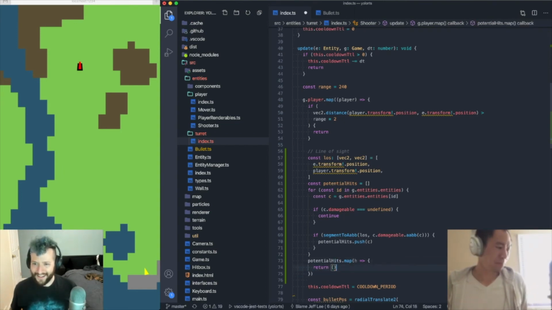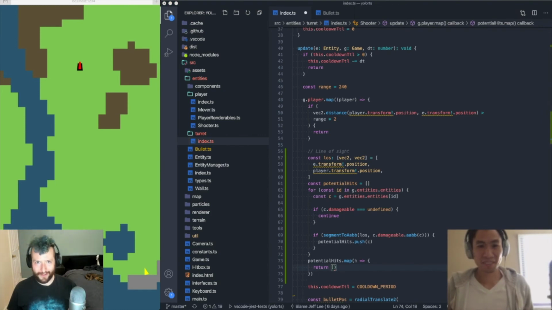Yeah. I want to JS array sort. That's possible, right? Yes, we can sort. I believe you pass it in a comparison function. Even better, because I was just going to sort by distance.